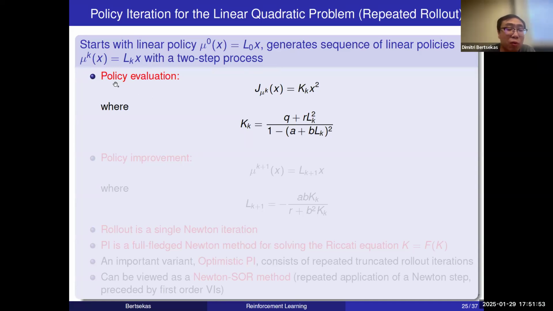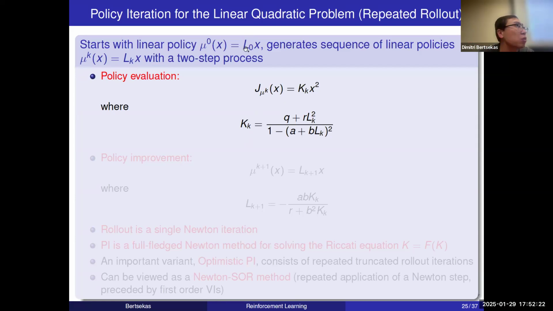It starts by performing policy evaluation, which is to calculate the cost function of mu k, where mu k equals Lk times x. So you calculate this infinitely long trajectory and find out what the cost function of it is. As it turns out, suppose that L is stable, right?